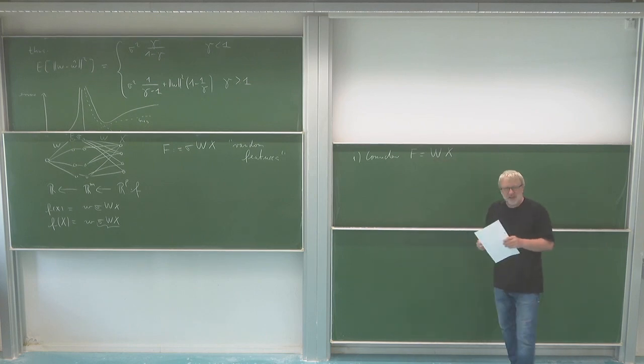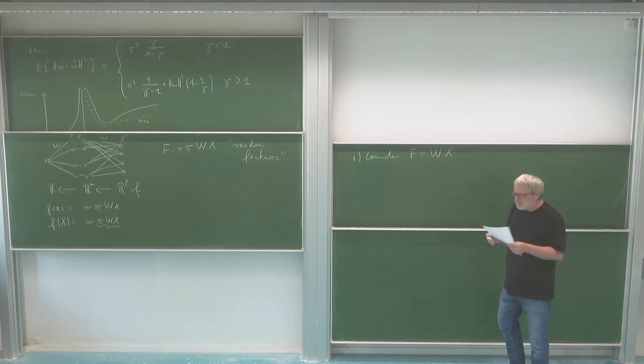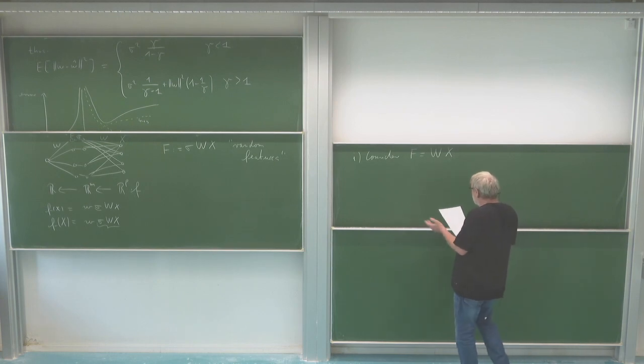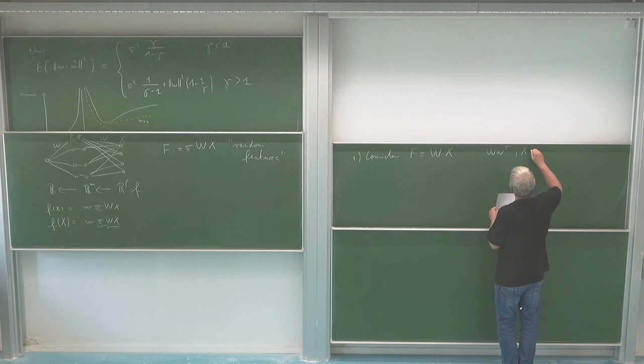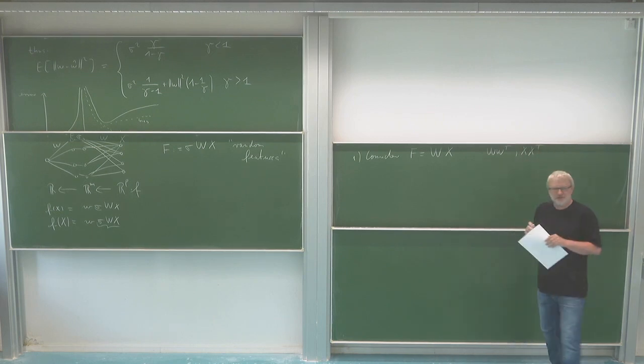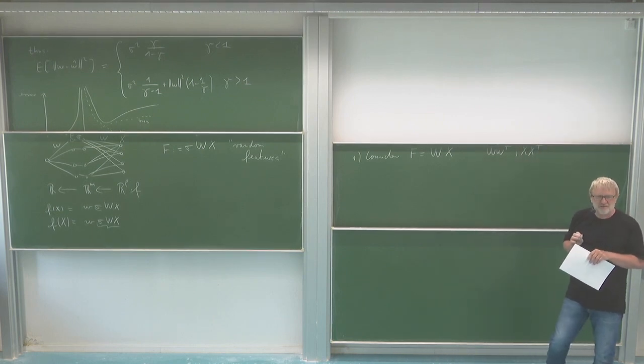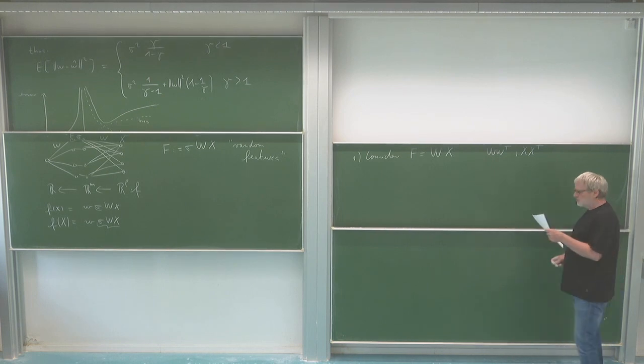So I calculate random features, but in a linear way. And let us assume that both of them are Gaussian matrices, which means that both W transpose and X transpose are Wishart matrices. That's the one which we understand, which have the Marchenko-Pastur distribution in the limit.